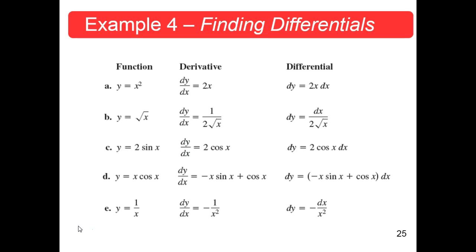And then how would you write that in differential form? dy is equal to negative dx over x squared, or negative 1 over x squared dx. You could write the dx out here or up there, either one. So differentials are the same thing as a derivative, only you split the derivative, put one on one side and one on the other. Make sense?